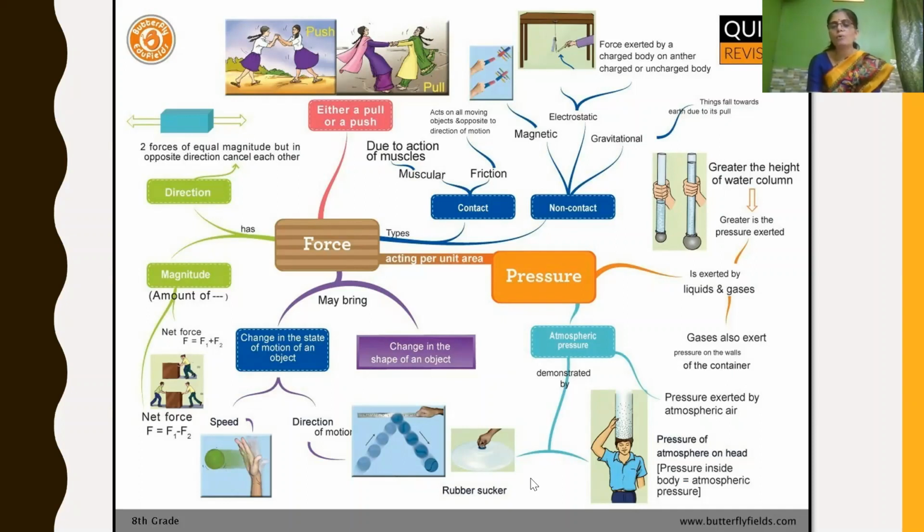About area, the more the surface area, the lesser the pressure exerted; the lesser the area, the more the pressure exerted. Just the opposite. Then, the effects of force: change the state of motion of an object, the speed of an object, the direction of an object, the shape of an object, etc. Pressure exerted by a liquid is called liquid pressure. Pressure exerted by air is called air pressure, or atmospheric pressure.